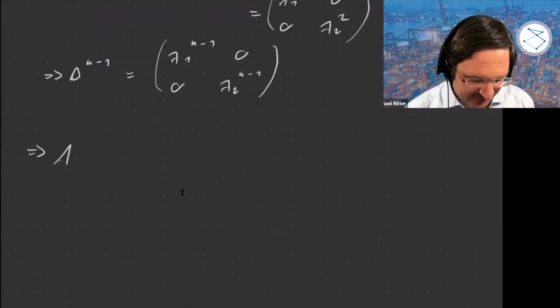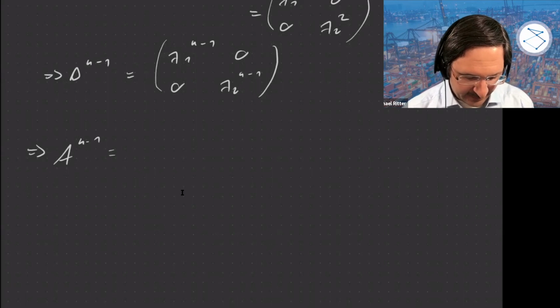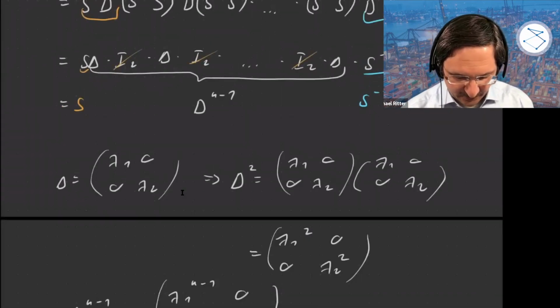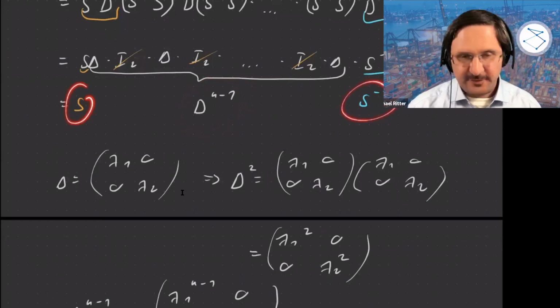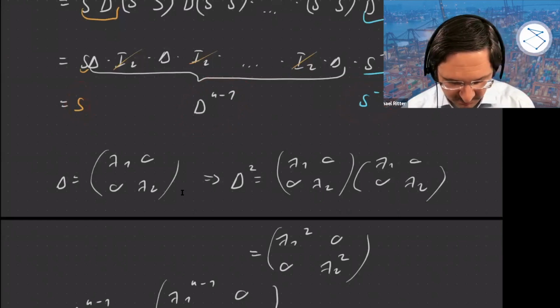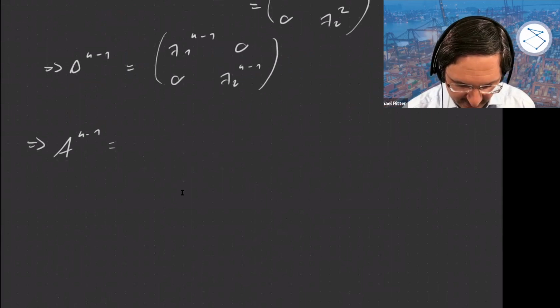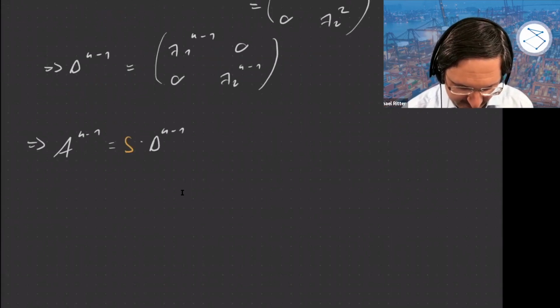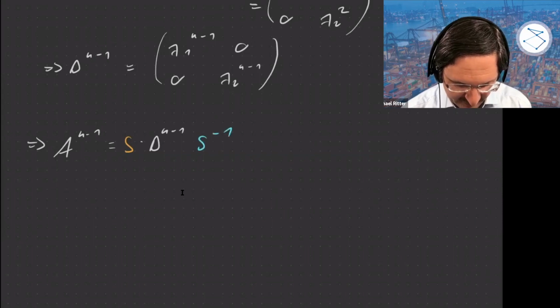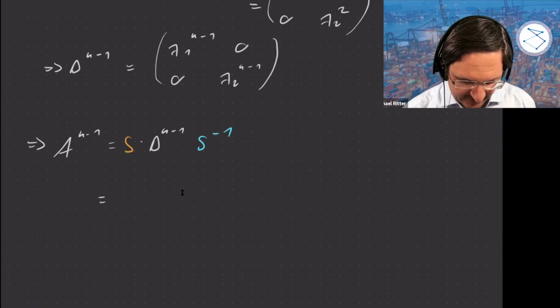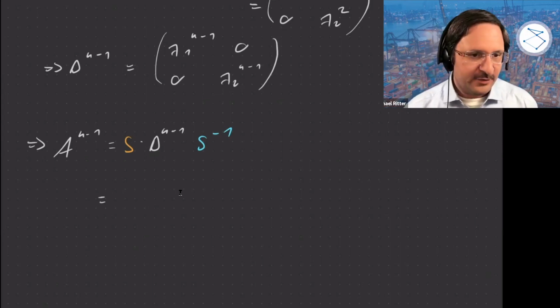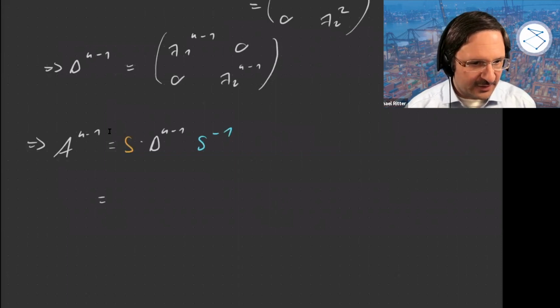So what we have to do is compute this, that's easy, and then just apply the transformation. So we apply S times D to the n minus 1 times S to the minus 1. So we get, well, S, we know S already. That was, let's have a look.